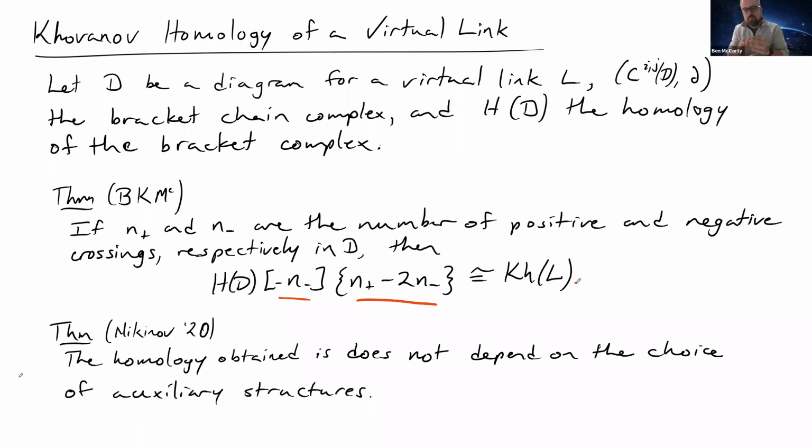So the takeaway here is that yes, we're making lots of choices, but in some sense, we can make those choices in various ways. We still know that we're getting the same homology that Manturov was describing way back in 2007. Because that's the takeaway.